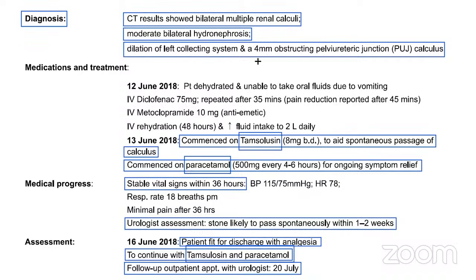All these things are not that important. What is important, you can write whichever you feel is very important to the nursing. What will they do with this information in the nursing home? Patient dehydrated, unable to take oral fluids. This is already finished. Now he is stable. So no need of telling all this information.